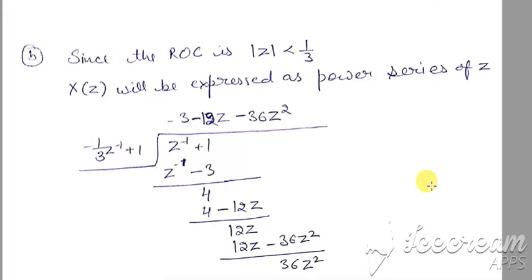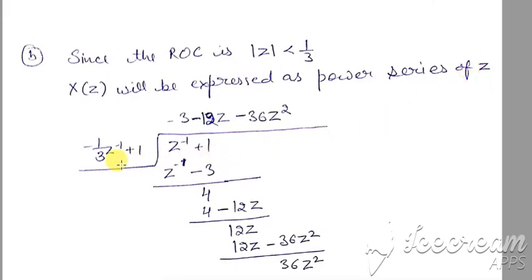Next, when the ROC is |z| less than 1/3, then the area is inside the circle. So it is a left-sided sequence, so we get the power series in terms of z rather than z^-1.